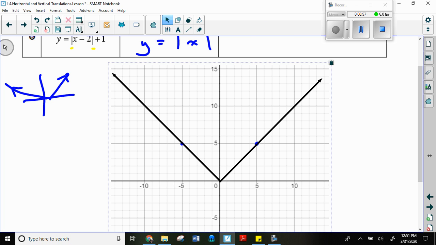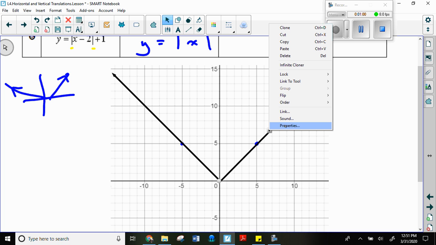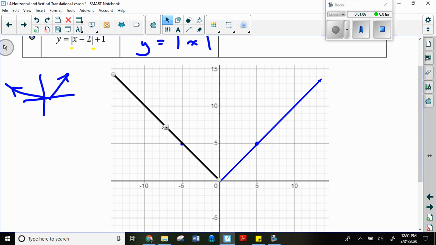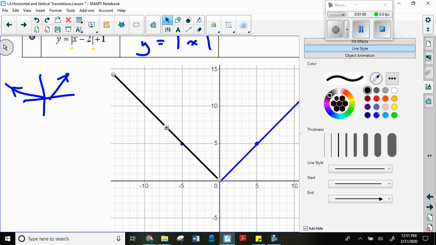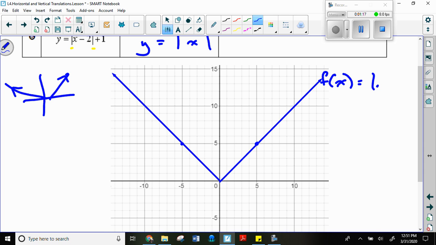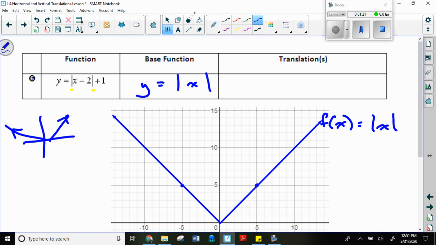And we're going to do two things to it according to that equation. There is a blue right there for me. So I might change the color of my other graph because the green was giving us some issues. The function of absolute value. Okay, translations.